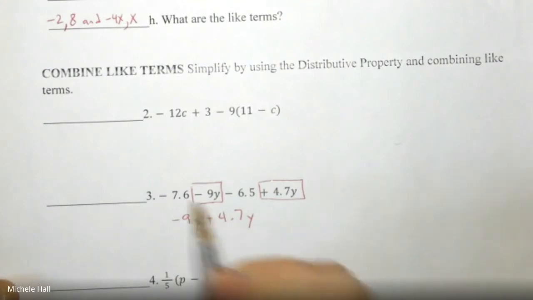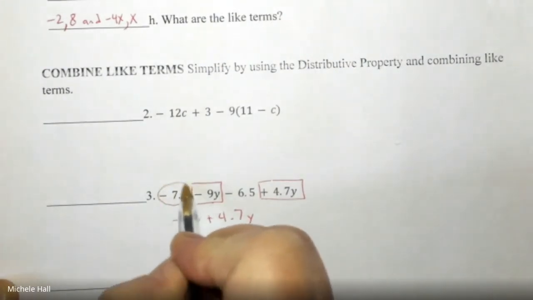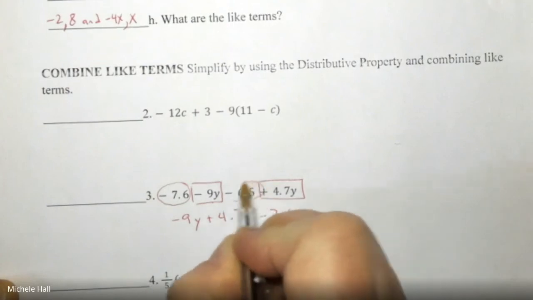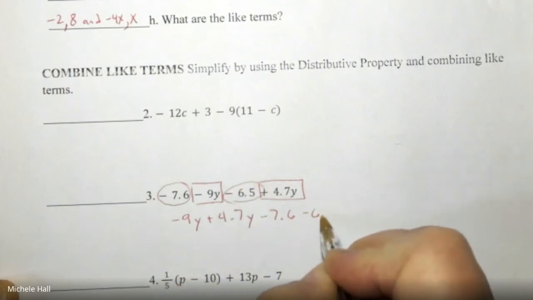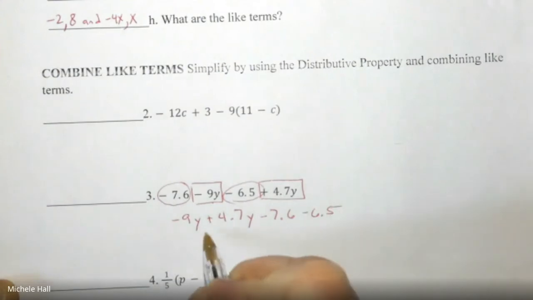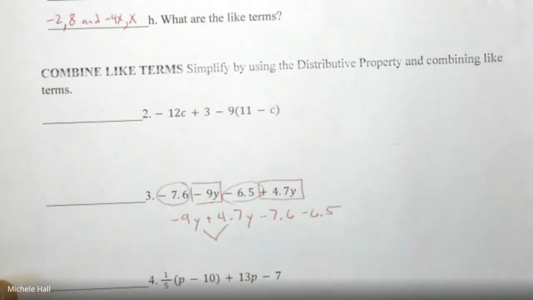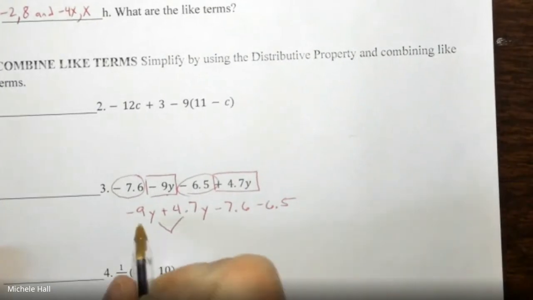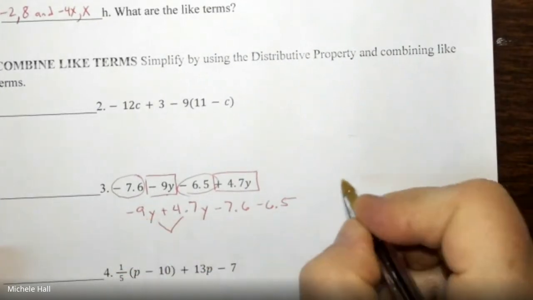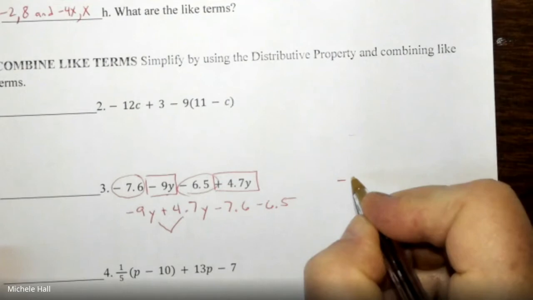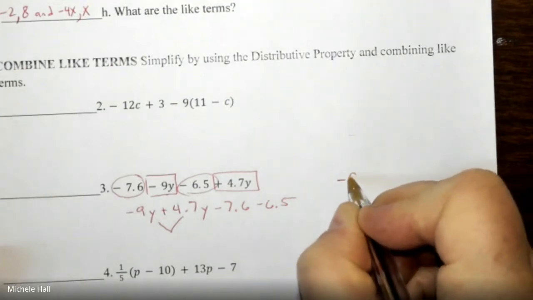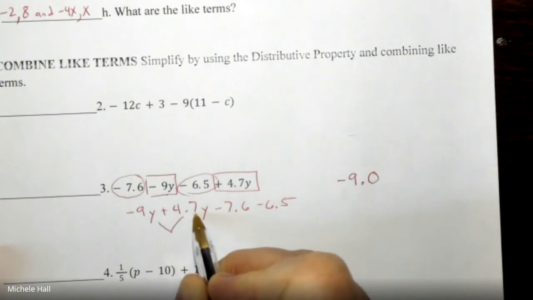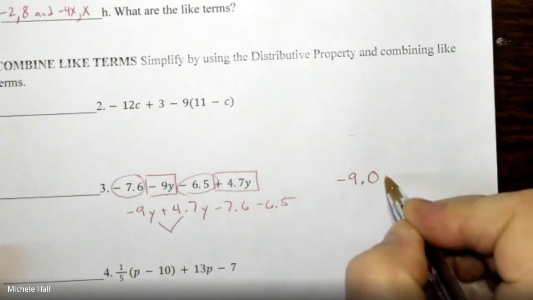I also have some constant terms, -7.6 and -6.5. Let's start by combining our y terms together. I see the decimal on the 9 comes right after it, so I'm going to put -9.0. This only has one decimal place, so 9.0y.